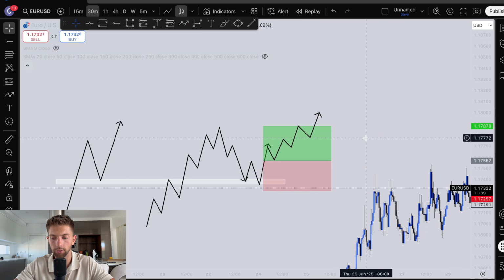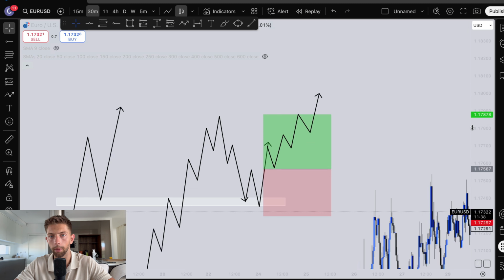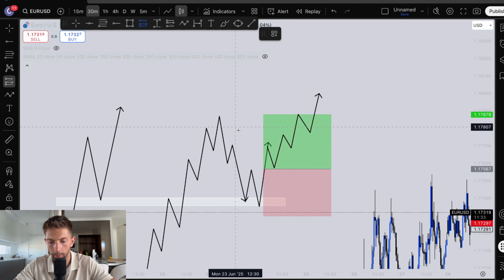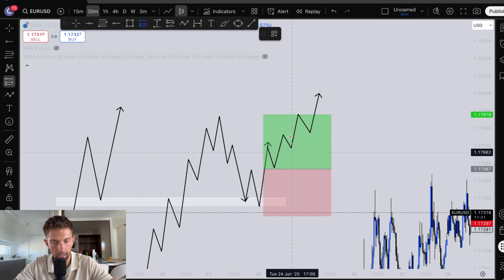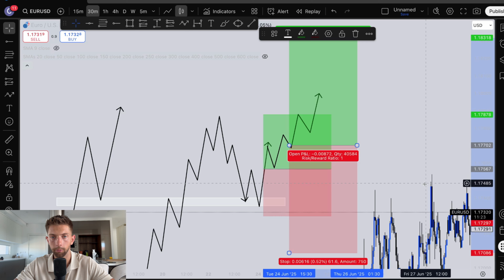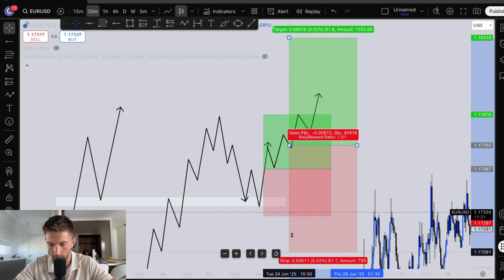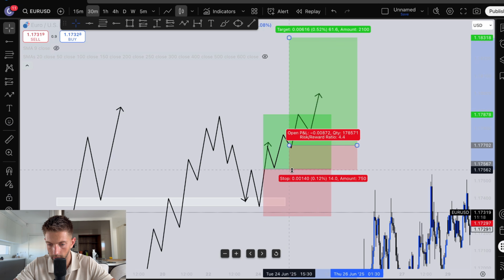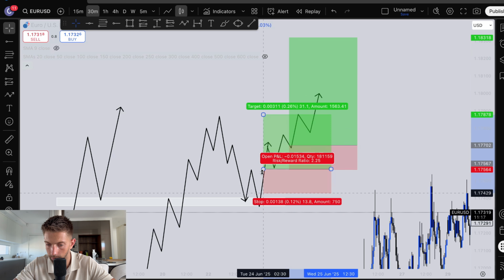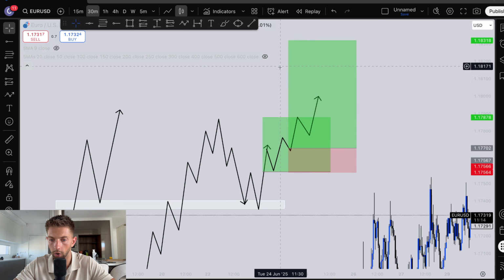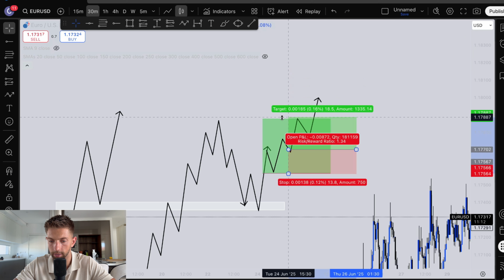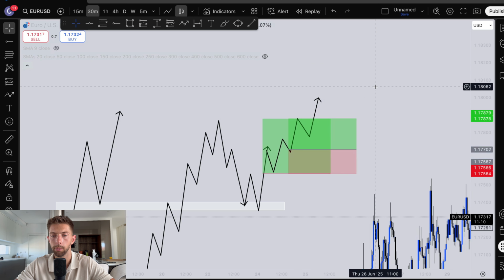What I like to do as well is a scaling method. When price still has all the time frames in sync, all bullish, and price breaks this internal high or internal low, I'm going to set a buy limit again. I'm going to put the stop loss under this low, and move the stop loss to break even, and with all these positions I'm targeting the swing high or swing low.